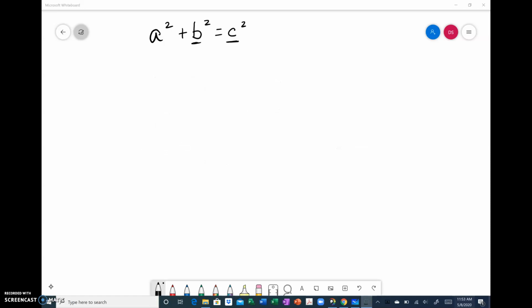All right, and number 3, we have A and B given to us. 11 squared is 121. 9 squared is 81, and together those will equal C squared. So 121 plus 81 gives us 202, and that is not a perfect square. So here we go.